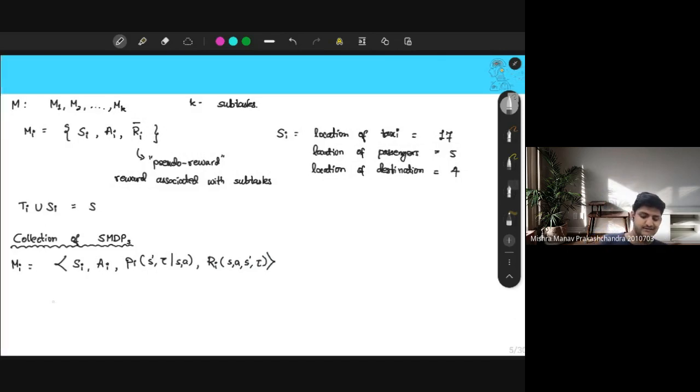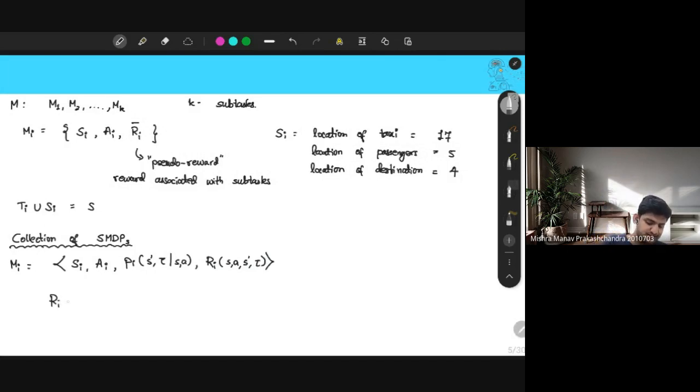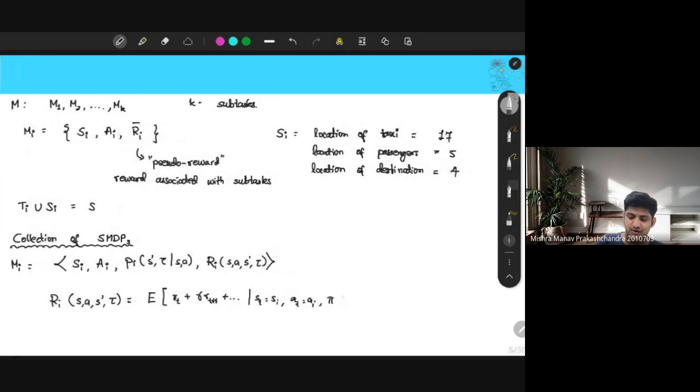Note here the reward function Ri(S, A, S prime, tau) is essentially the expected reward, Rt plus gamma Rt+1, and so on, given that my St is Si, my At is Ai, and that I'm following a policy pi.